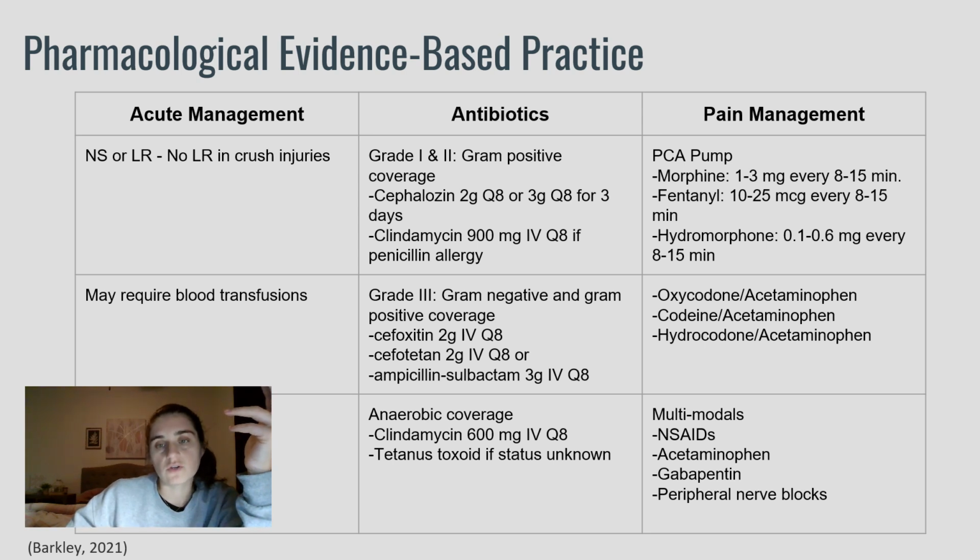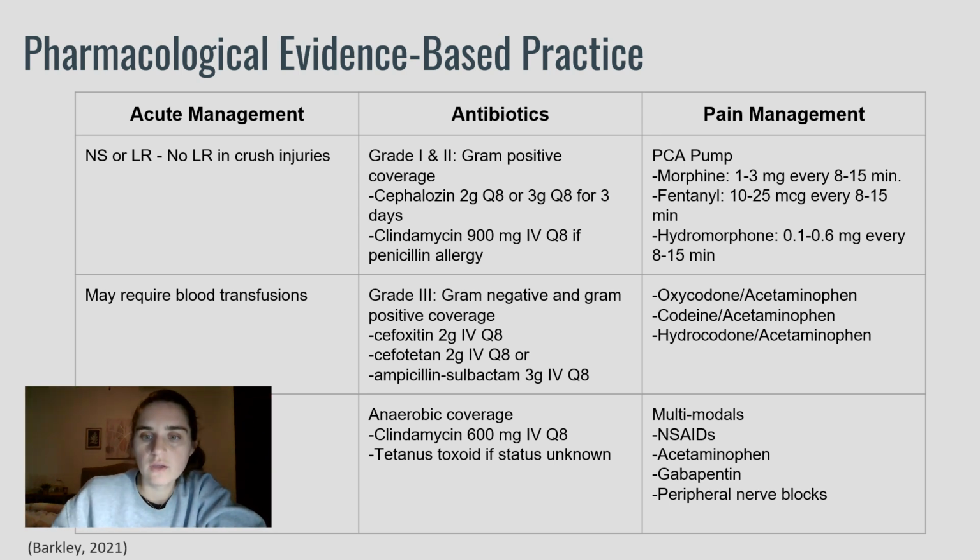And then we also have the codeine acetaminophen. So the dosage for this, if the pain is mild, would be 30 to 325 milligrams. And then moderate to severe would be 60 to 325 milligrams. And then we have the hydrocodone acetaminophen, which is 5 to 325. And then for moderate to severe pain, it's 10 to 325.